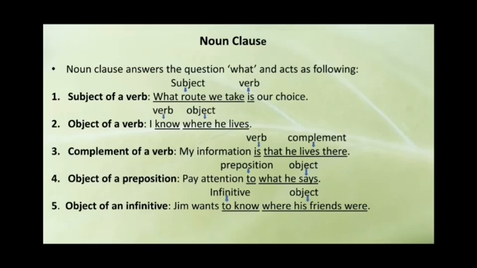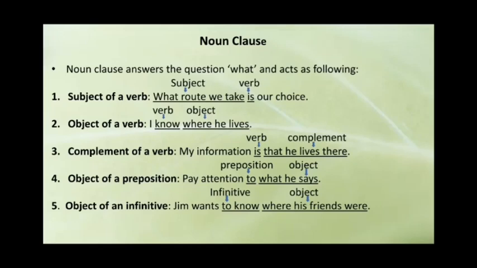Fourth one, object of a preposition. In this, we need to see if it is directly connected to the object of a preposition. Let's see the sentence: Pay attention to what he says. By just reading the sentence, you might have understood that to is the preposition. Just beside that, we have what he says.